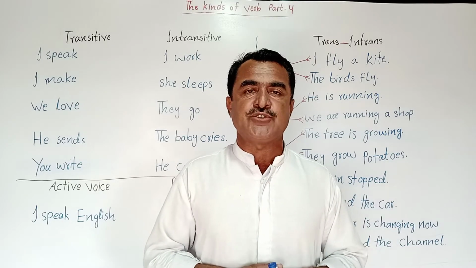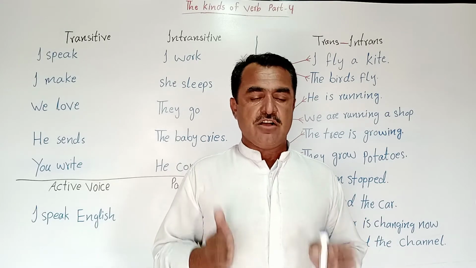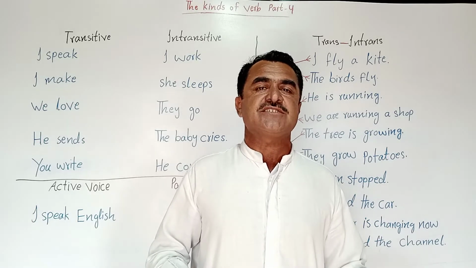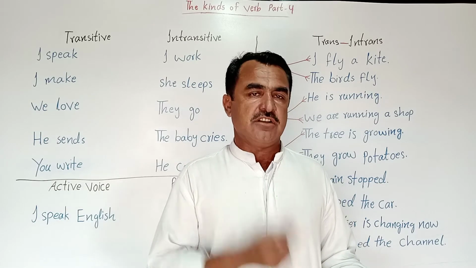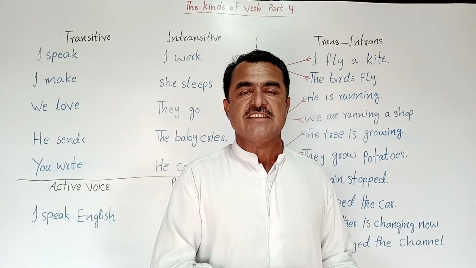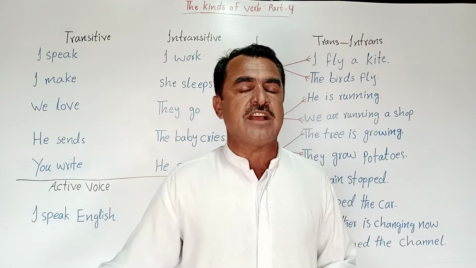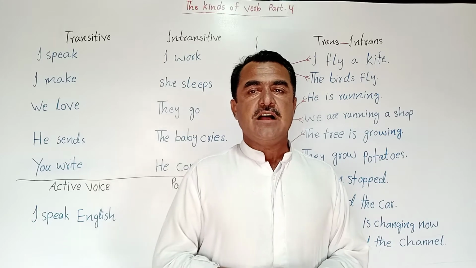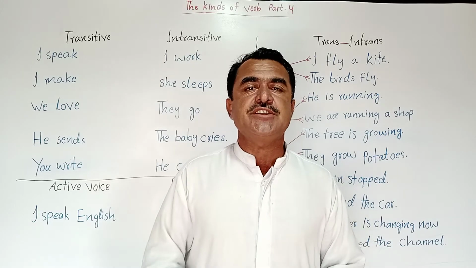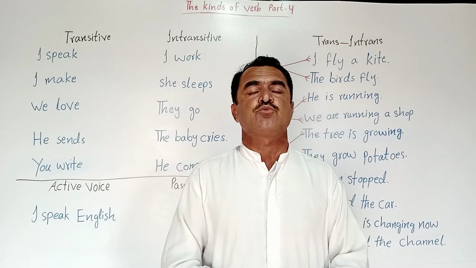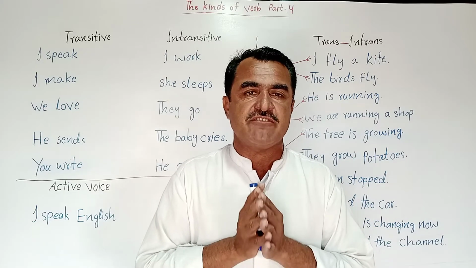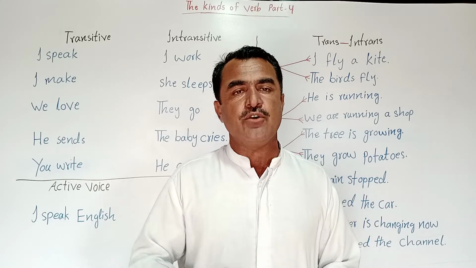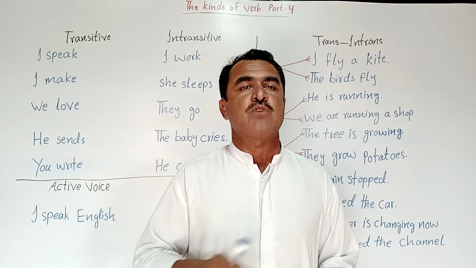When we convert a sentence from active voice into passive voice, the object of the active sentence becomes the subject of the passive sentence. But an intransitive verb cannot be changed into passive voice because it does not have an object, and without an object we cannot make a passive sentence.